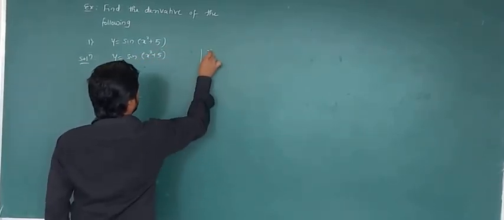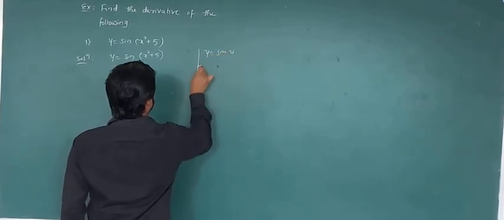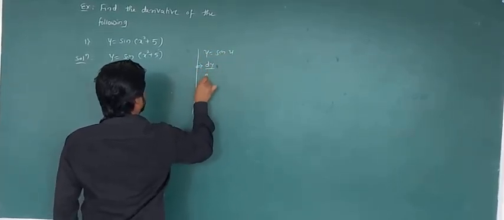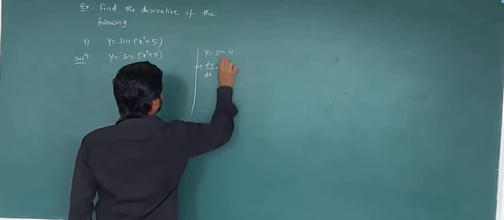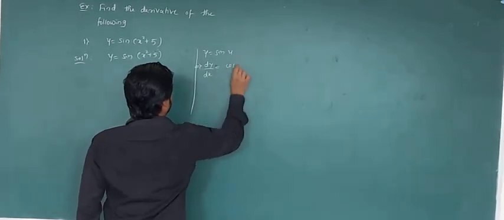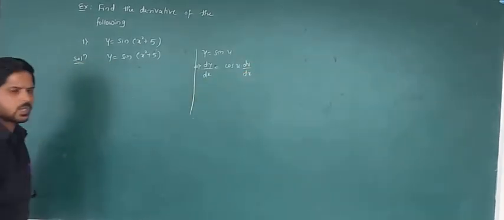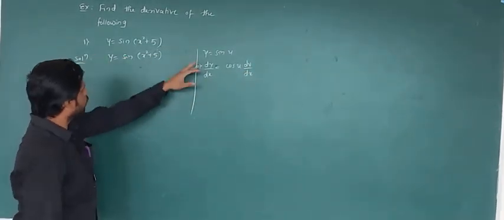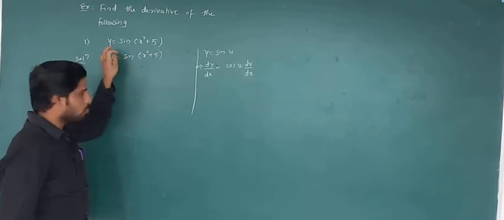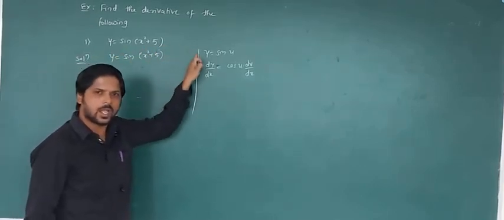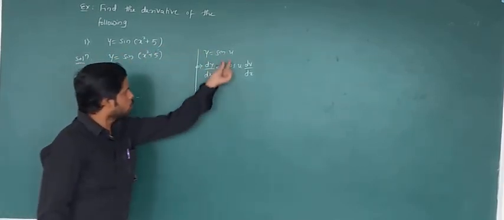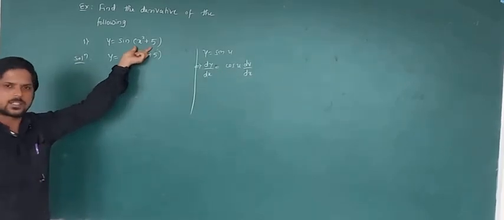We know that if y is equal to sine u, then derivative of this function is dy by dx equal to cos u into du by dx. Comparing these two equations, y equal to sine of x square plus 5, y equal to sine u, in place of u we have x square plus 5.